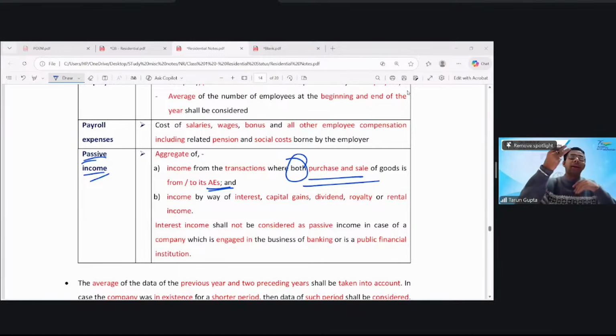If you see the second, third, and fourth conditions, it's important that the assets or the employees are in India. But for the first condition, passive income, it's not relevant whether the passive income is from India or outside India. Why is it not relevant? Because you can have passive income irrespective of the jurisdiction.